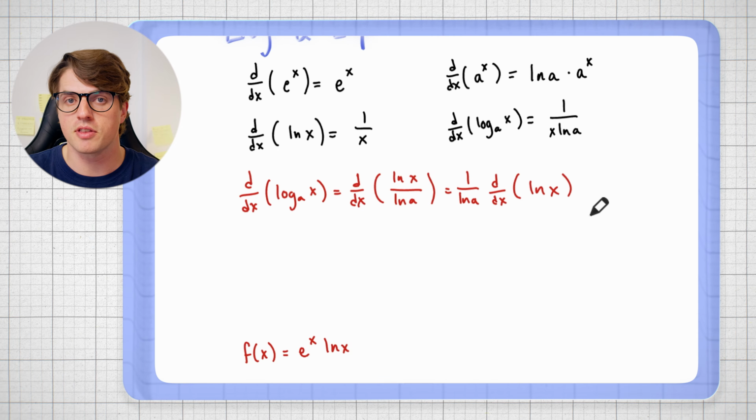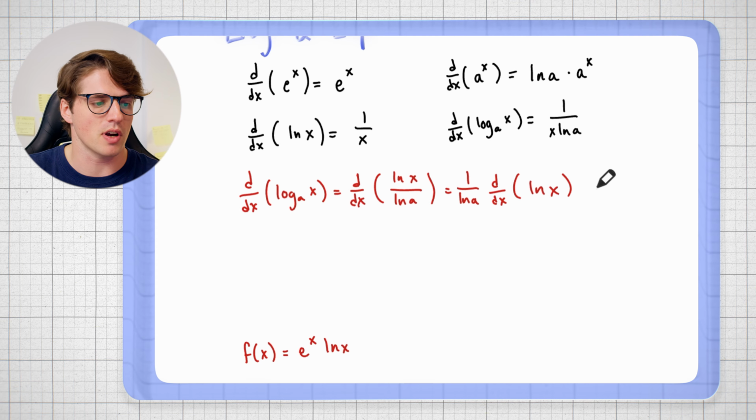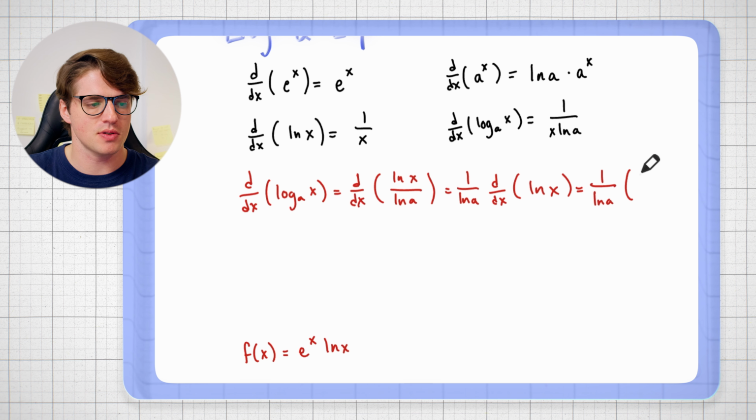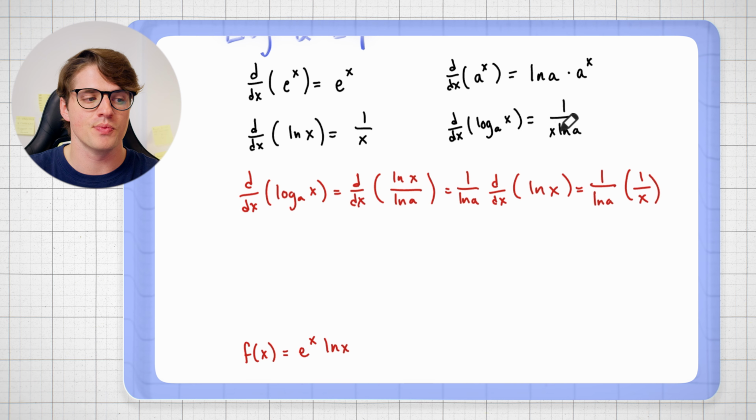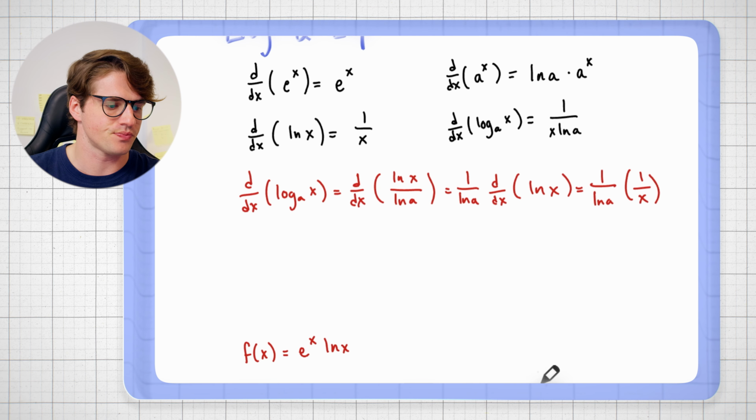And we just learned that the derivative of ln of x is 1 over x. Okay, so this leaves us with 1 over ln of a times the derivative of ln of x, which is 1 over x. And that's how we get 1 over x ln of a.